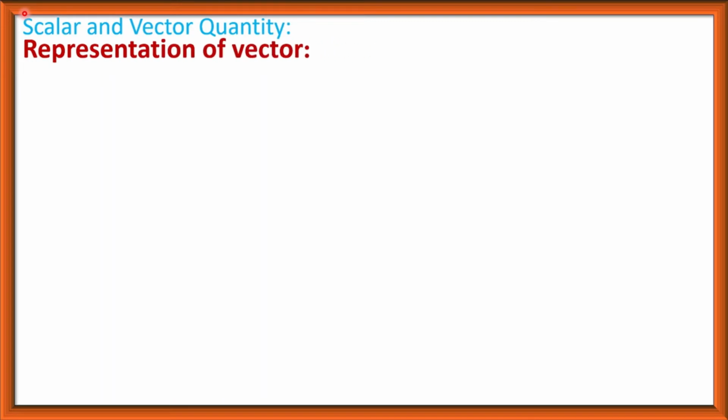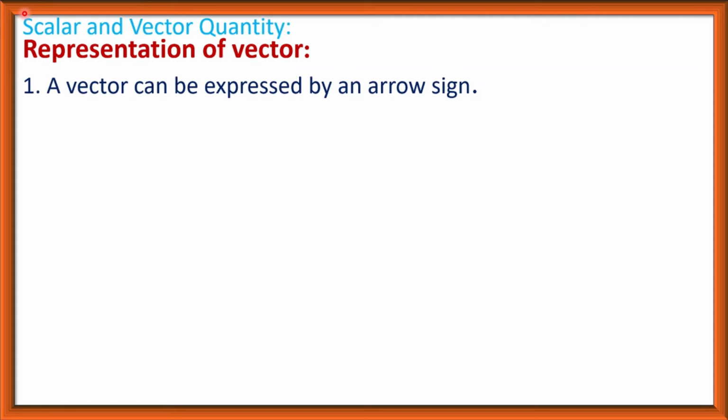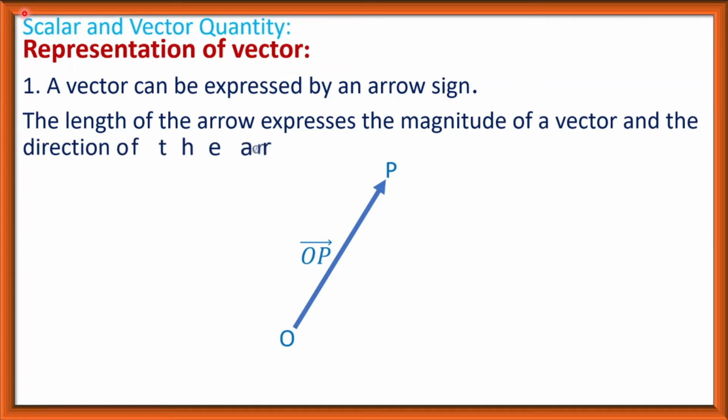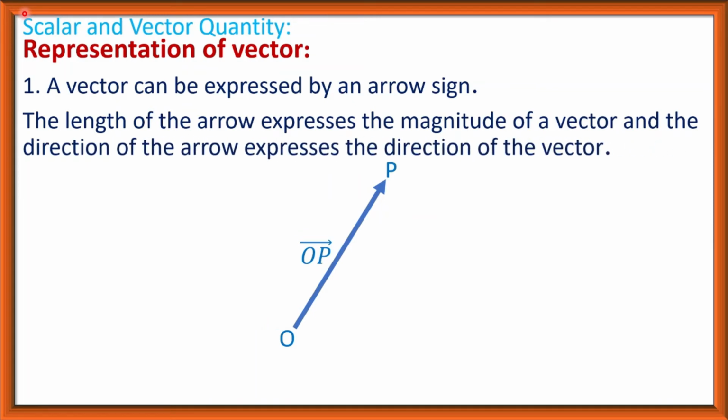Now representation of a vector. A vector can be expressed by an arrow sign. The length of the arrow expresses the magnitude of the vector, and the direction of the arrow expresses the direction of the vector.